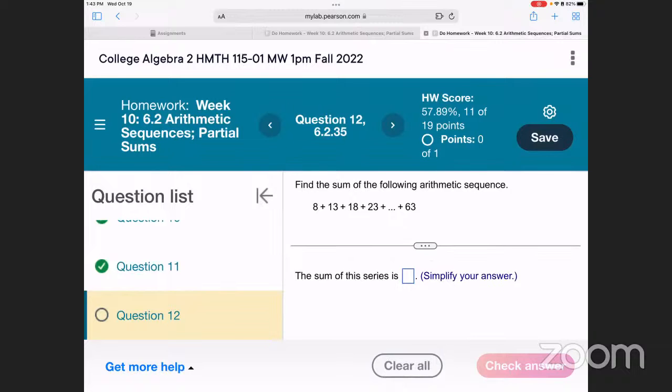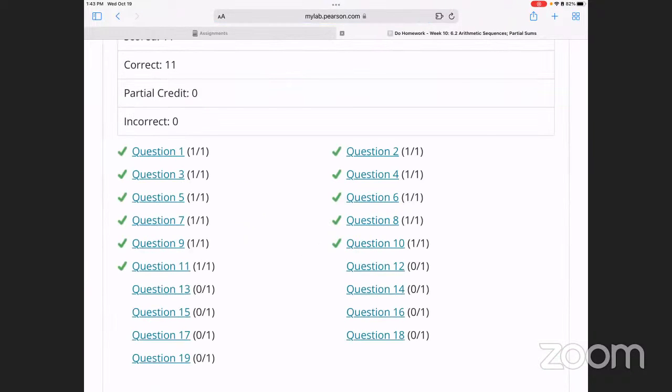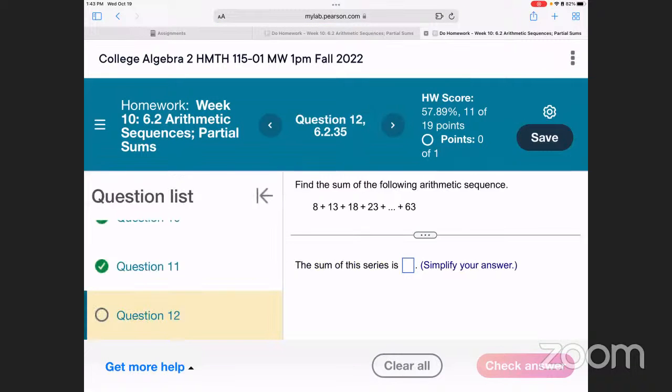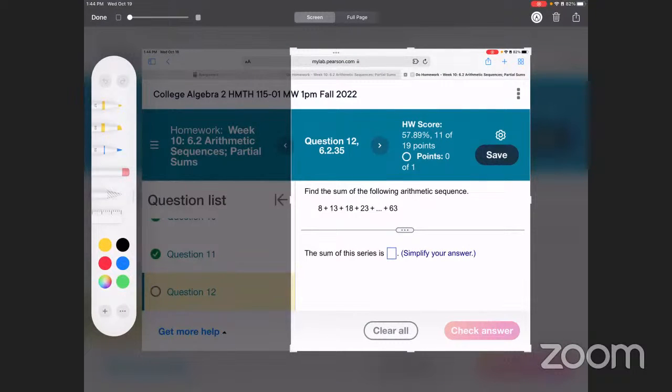I'm going to do it one more time. How do I hit save? Save, there it is. Let me just hit save before I leave. And now let's go back. Maybe I should just save it each time. I'm going to do it one more time, just to see how fast I can do it.